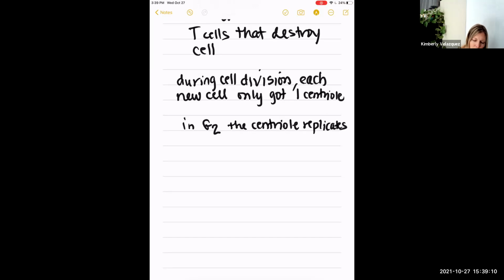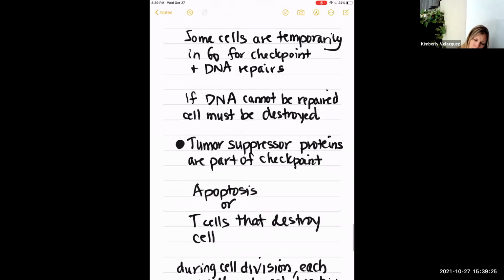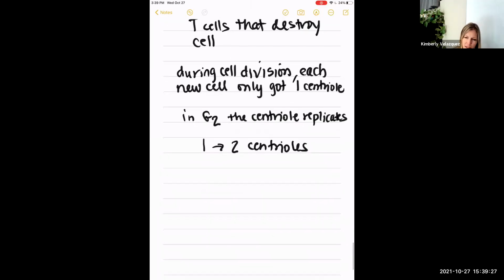So you go from 1 to 2 centrioles, because we need one to migrate to each end of the cell so that we have microtubules coming from each end of the cell to pull those sister chromatids apart. Sorry, I'll just keep that there for a second.